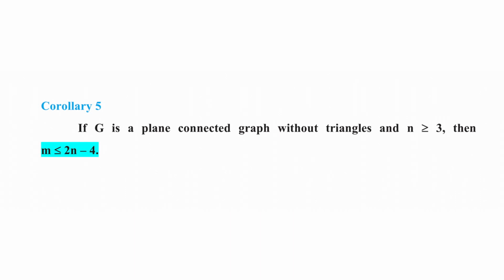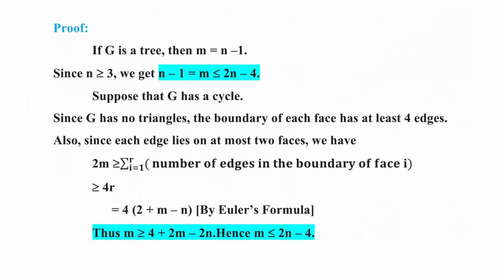Next corollary is: if G is a plane connected graph without triangles and n greater than or equal to 3, then m is less than or equal to 2n minus 4. The proof is: if G is a tree, then m equals n minus 1. Since n is greater than or equal to 3, we get n minus 1 is equal to m, which is less than or equal to 2n minus 4. Suppose that G has a cycle.